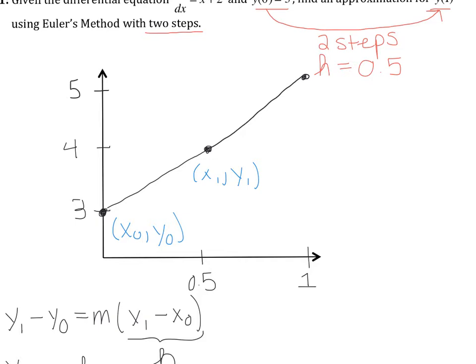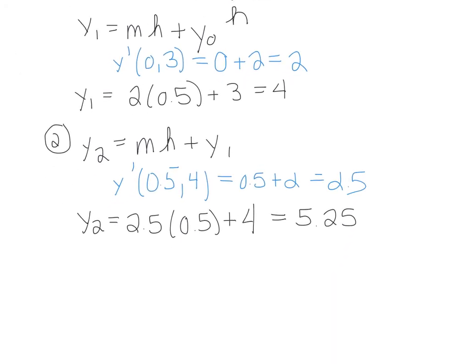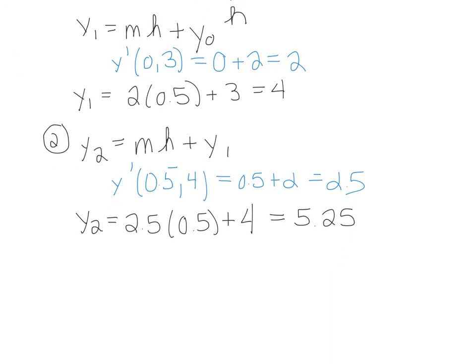You're following tangent lines to the next point, whereas your actual particular solution might look more curvy, or it should look more curvy. Again, it's an approximation, but at the end of the day, we can say that y of 1 is approximately, not equal to, but approximately 5.25. And that'll do it for that problem. Next.